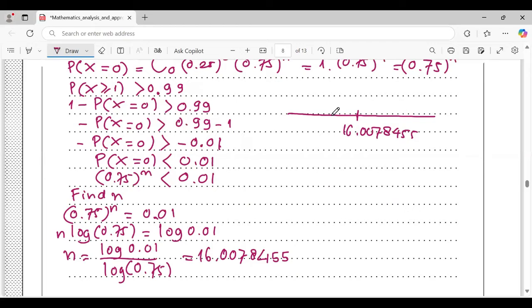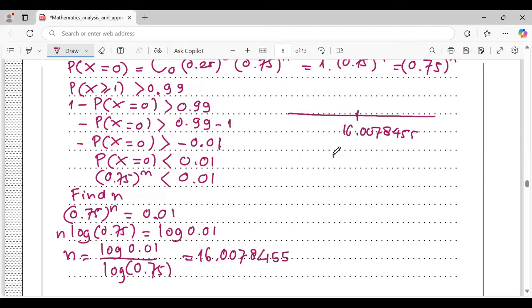We're going to check which area is the solution area, whether the left side or the right side of 16.0078455. We have to check one by one, left and right. At left, I will take a number less than 16, that is 15.